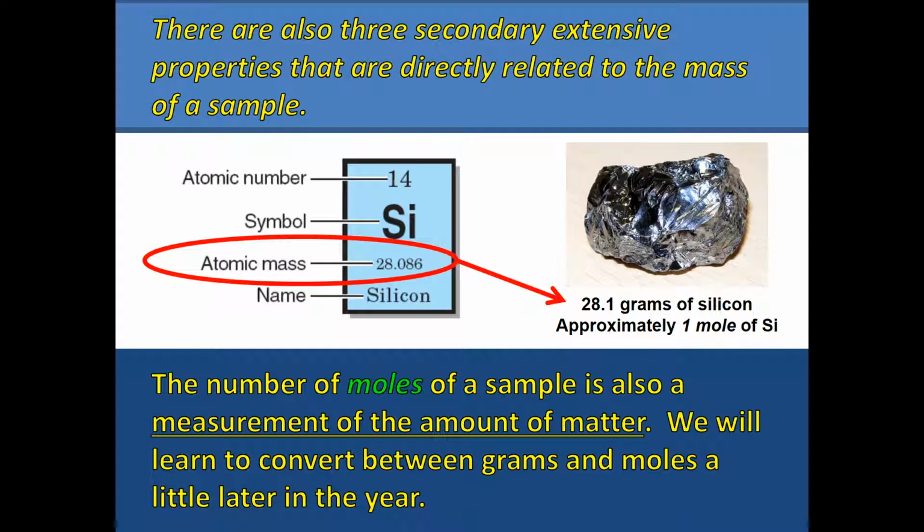But so for example, if you had exactly 1 mole, if you had 6.022 times 10 to the 23 atoms of silicon, all those atoms would weigh about 28.1 grams.